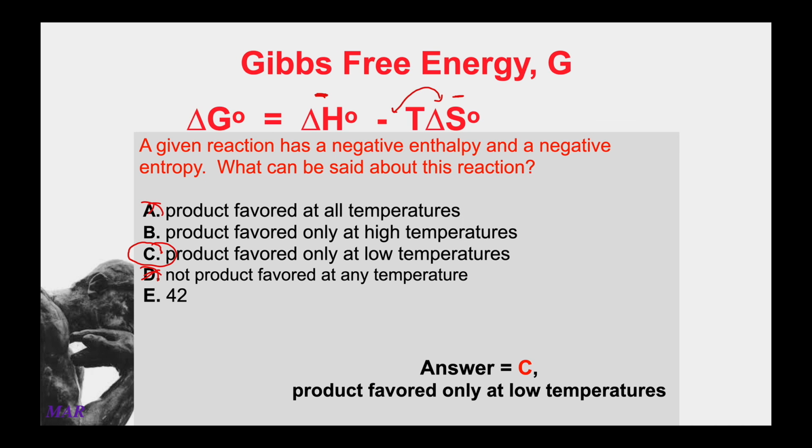It depends on the magnitudes of delta H and delta S. But at lower temperatures, delta H should be able to overpower delta S, making the reaction product favored and spontaneous. On the other hand, at higher temperatures, then negative T times negative delta S makes for a positive value. Positive values can overpower delta H if they get large enough, and you'd have a non-product favored reaction.